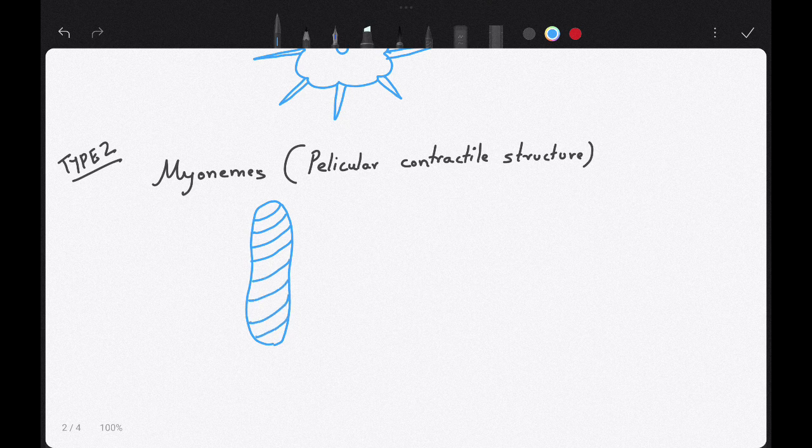These are grooves. These structures help in locomotion by contracting. So the body will contract and move forward, and it will again relax and contract. This motion helps in the movement of the Euglena. So these are known as pellicular contractile structures.